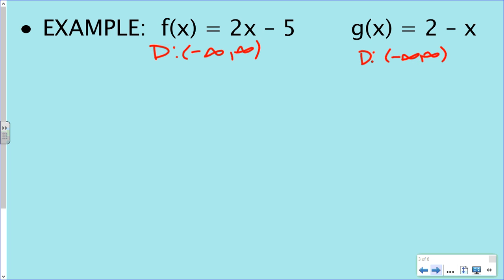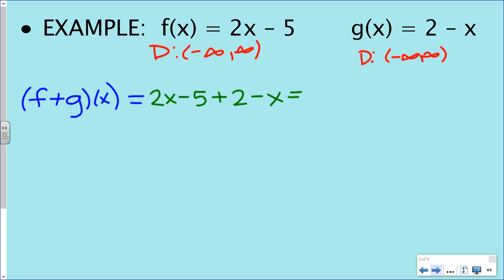Do we have overlapping domains? You betcha. So, let's just very quickly talk about the different combinations that we can do here. F plus G of X. We are taking F and adding it to G. What is the sum?